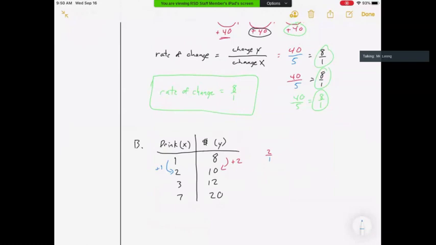Let's see if that's the same for the other ones. How about from here to here? That's plus 2. From here to here is plus 1. So that's a 1. So far, so good, yeah? Okay, do this last one on your own and see if it comes out to the same thing.